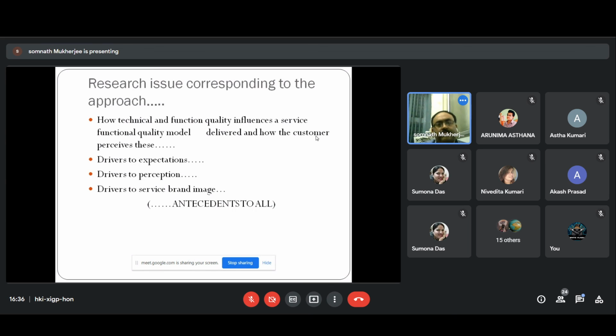Look, what research issue comes up? You identify the drivers to perception, the drivers to brand image. Just if I take that model, what I shared with you by Grönroos, that really opens up an area that I can take forward. I can take that forward in the form of specific research.